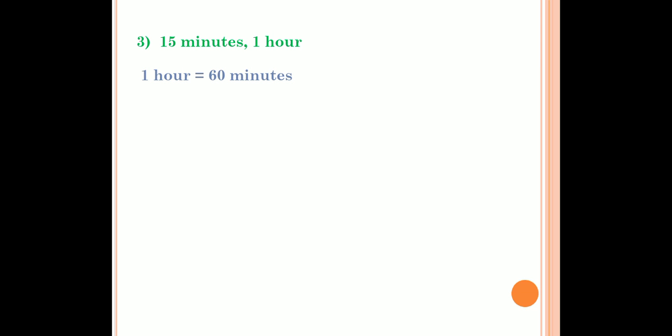So 1 hour is equal to how many minutes? 60 minutes. So instead of converting 15 minutes, we have converted 1 hour into minutes. So now we have the ratio of 15 minutes to 60 minutes. Whether you consider it as 60 minutes or as 1 hour, it is the same thing. But because we have to have the same units, we have converted it.